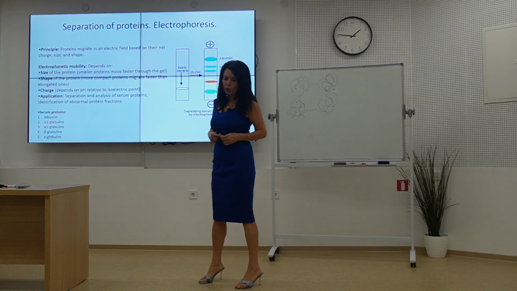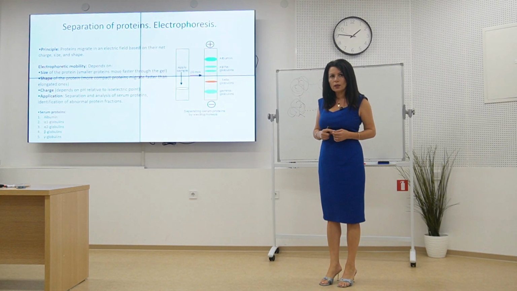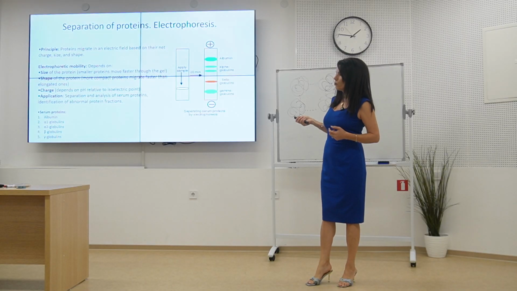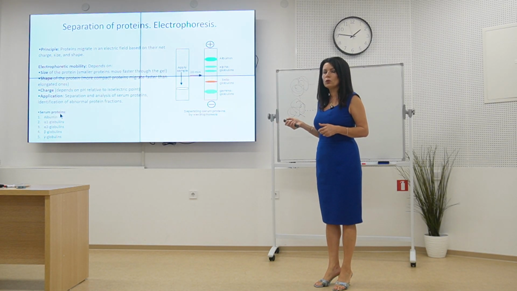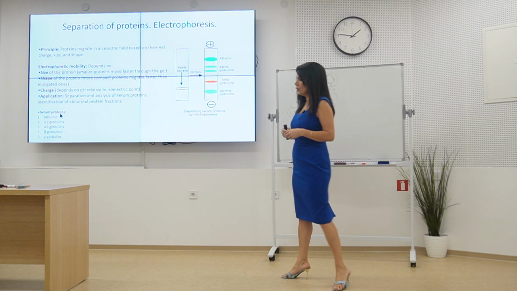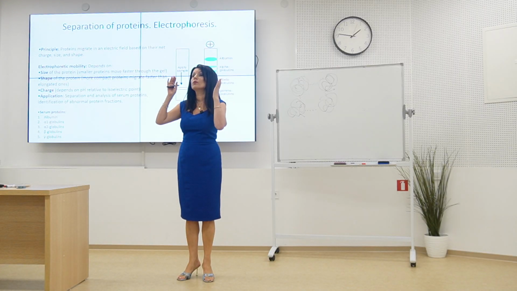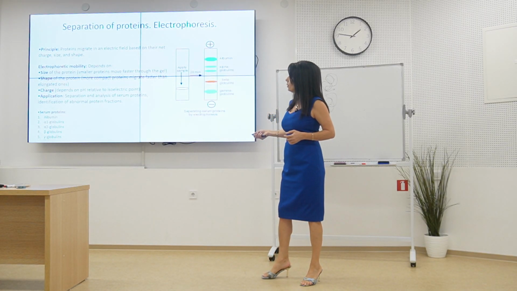Students, you have to know which serum proteins can be defined by electrophoresis. There are 5 types of serum proteins. Number 1, albumin; we talked about albumin last time, it was a classical example of a transport protein. Number 2, alpha-1 globulins.